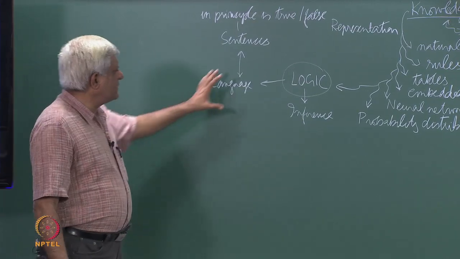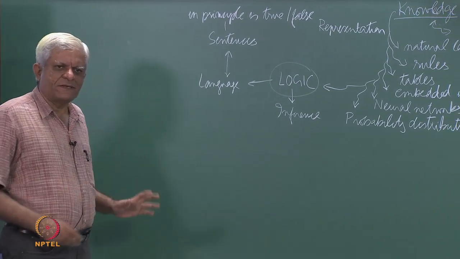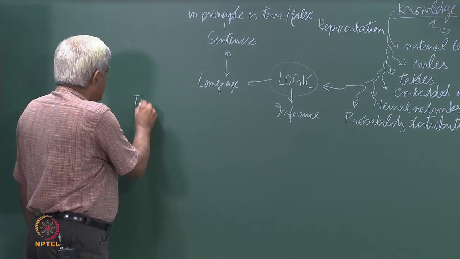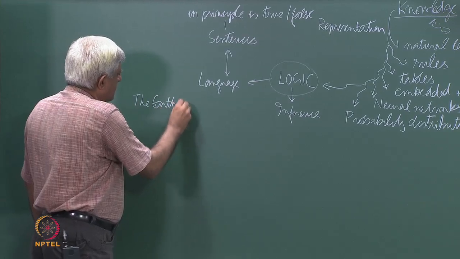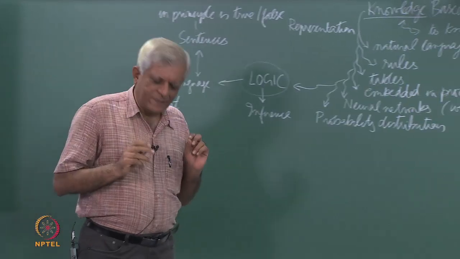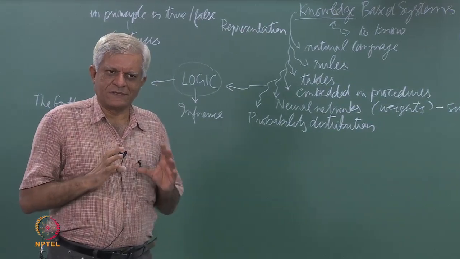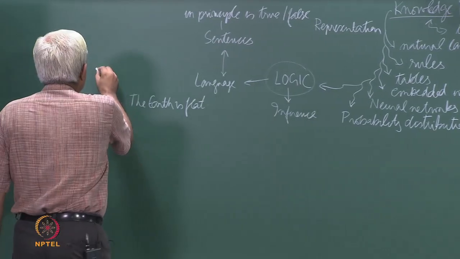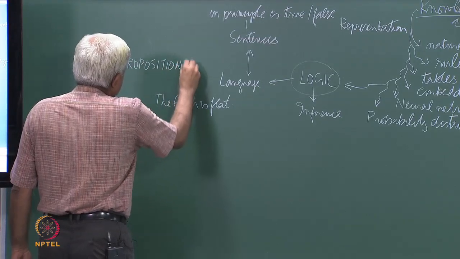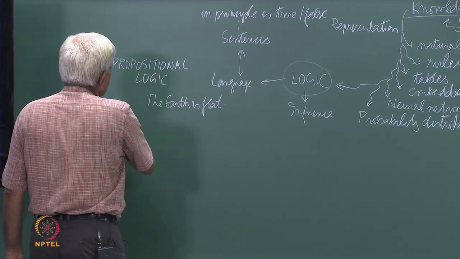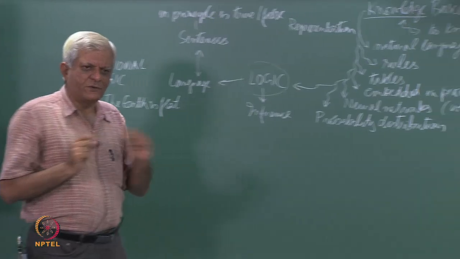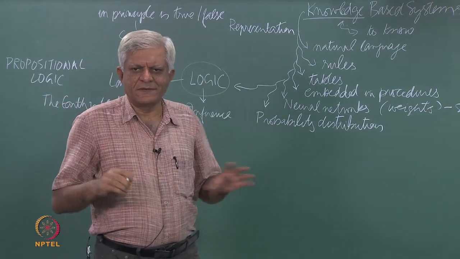Now, there are different kinds of languages essentially. The simplest kind of language treats a sentence as one unit. So, if I say the earth is flat, then that is one unit essentially, and the simplest kind of logic language, which we call propositional logic, treats a sentence as an unbreakable, indivisible unit.